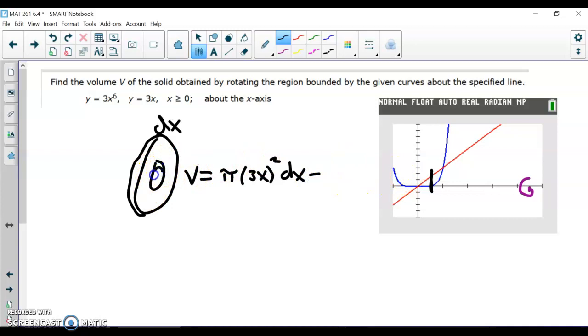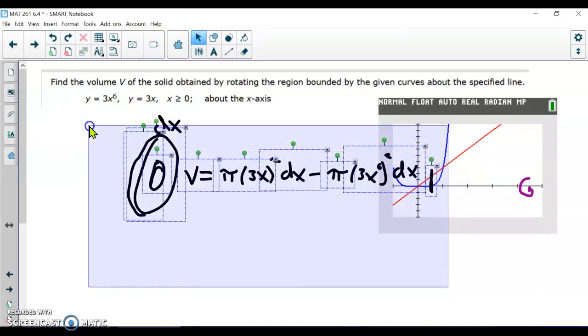So squared dx, less the inner piece here. You can think of it as an inside disk, right? That's what makes this a washer. That's going to be pi, and its radius extends to the blue function, which is 3x to the 6th, and then that's squared, and then we got another dx, right? Okay.